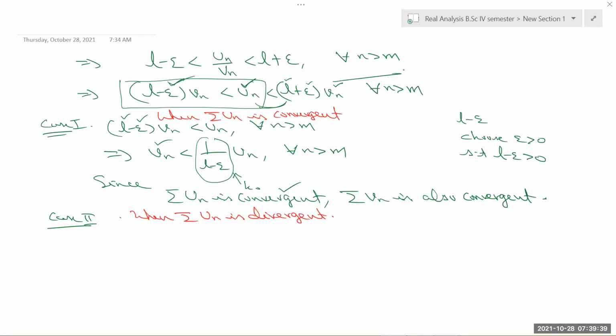So from this result, say from star, L plus epsilon times Vn is greater than Un. This quantity is greater than Un.